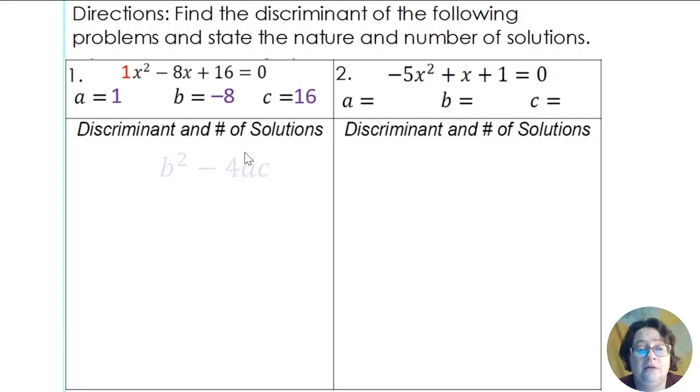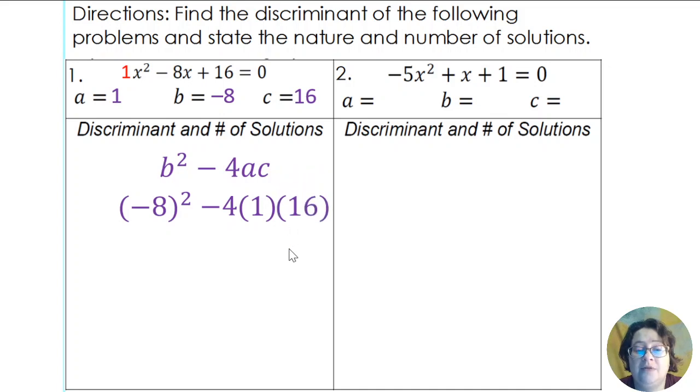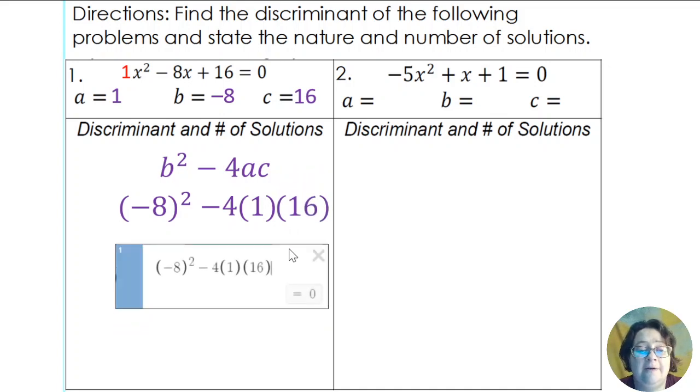So I'm going to write out b squared minus 4ac, and I can plug in my numbers. So b is negative 8, and I put everything in parentheses. So negative 8 squared instead of b squared, minus 4, a, which is 1, c, which is 16, and I can plug that into Desmos just like I see it there.